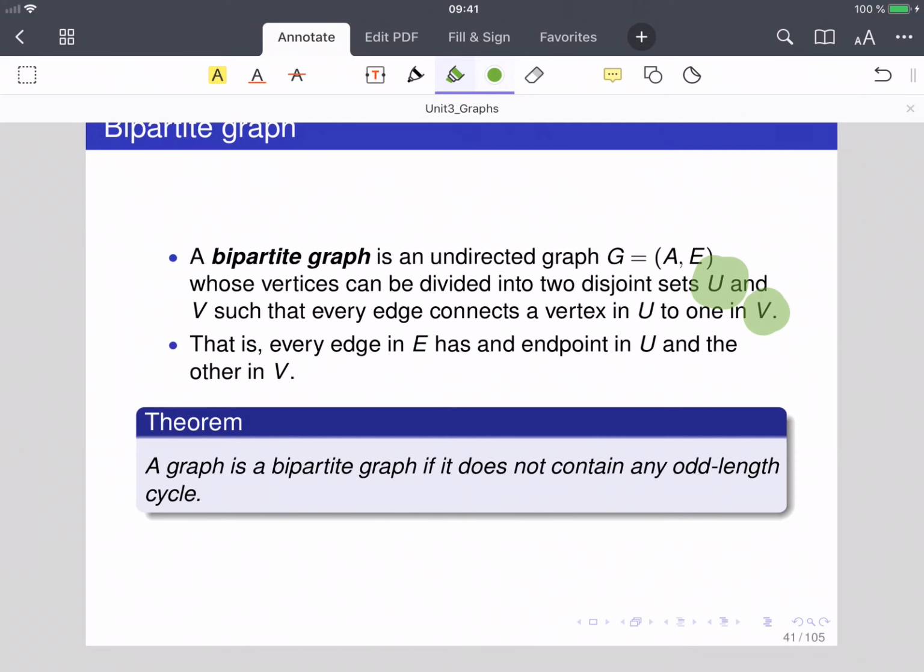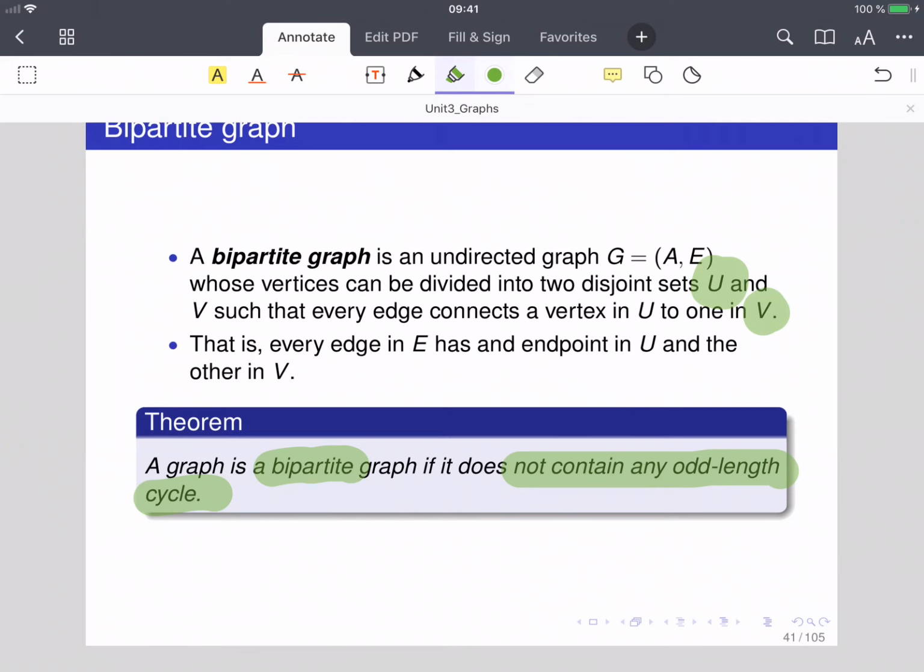Namely, this theorem says that a graph is bipartite if and only if it does not contain cycles of odd length. Remember that the length of a cycle is the number of edges in the cycle. A cycle is a path that starts and ends in the same vertex.